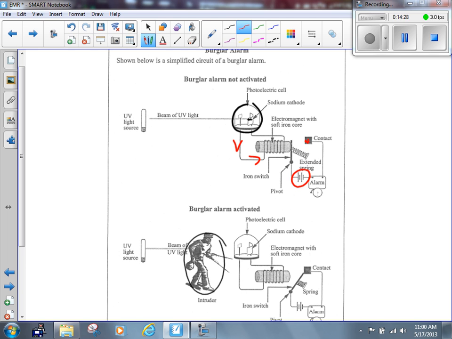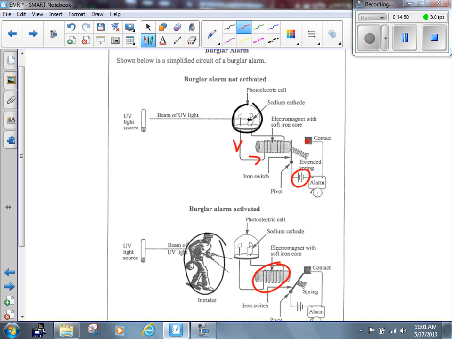What happens when this guy breaks the beam of UV light here? So why isn't the iron magnetized anymore? Why does this piece of iron here, this electromagnet, become not an electromagnet? Good.